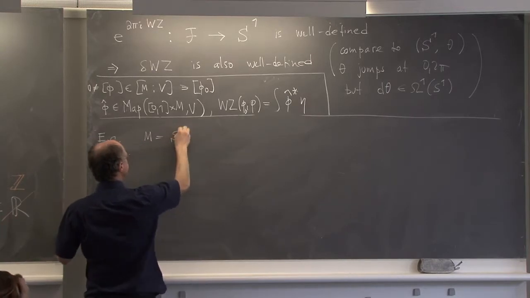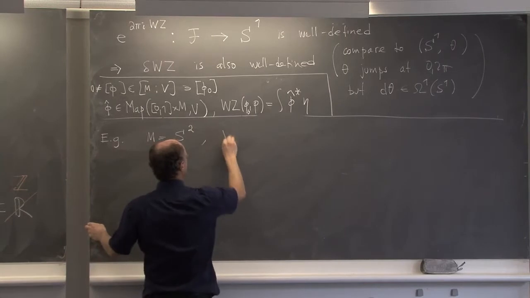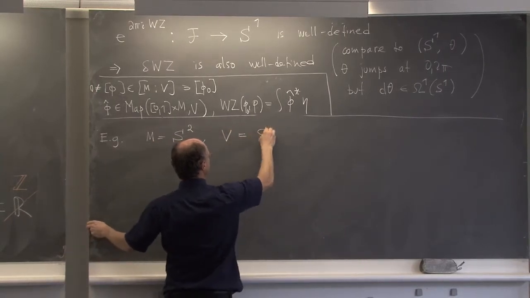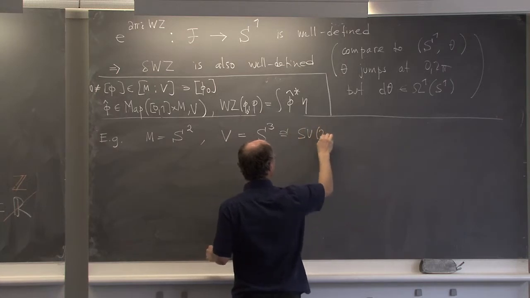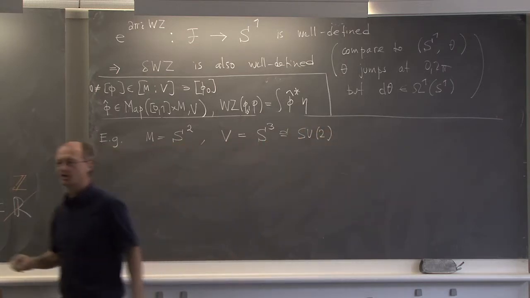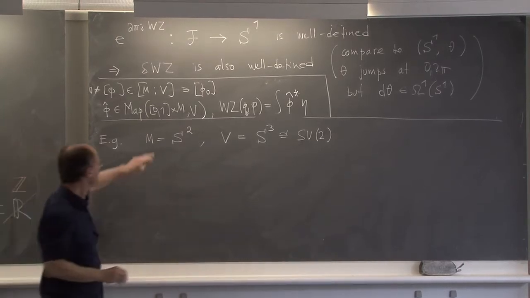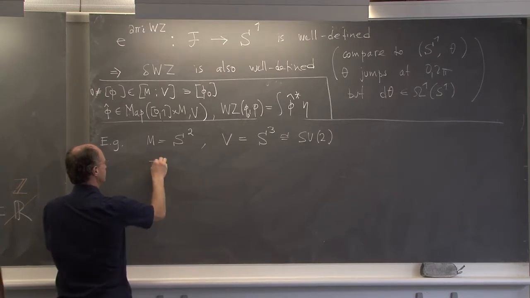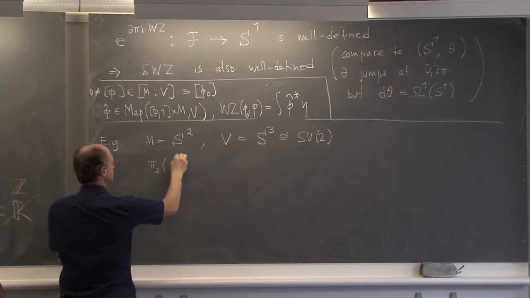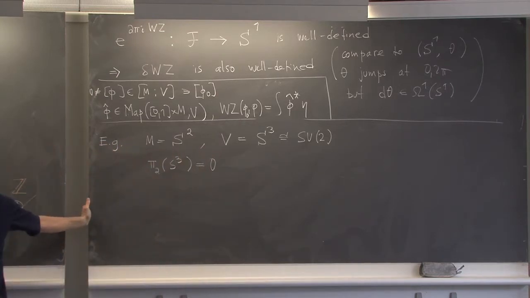So M is equal to S2 and V is equal to S3, or if you want, we can identify it with a Lie group SU2. So now in this case, pi 2 of S3 is equal to 0.